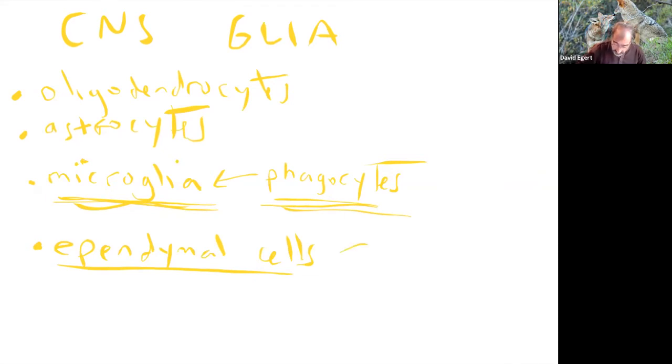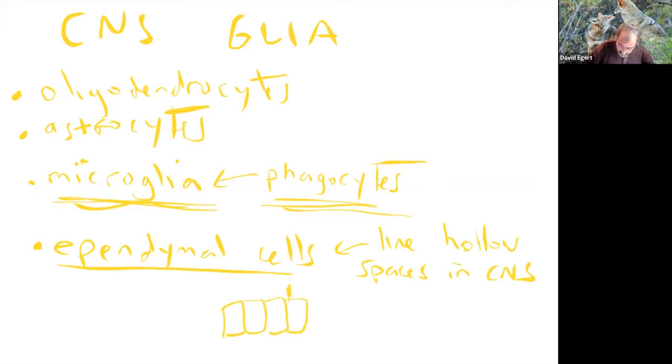So these line hollow spaces in the CNS. We're going to meet them. They're also going to be working with the capillaries to create the choroid plexuses that are actually generating the cerebrospinal fluid in the brain. They're like columnar epithelium with little cilia, so they can help circulate the CSF in those hollow spaces.